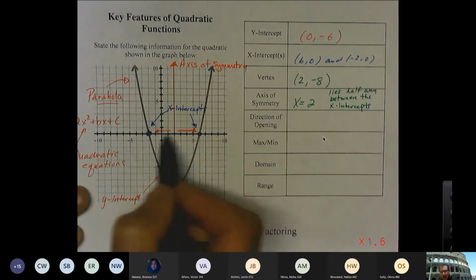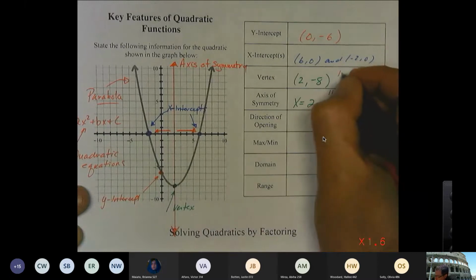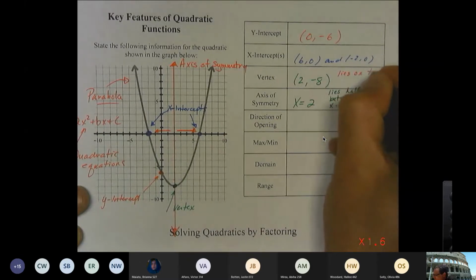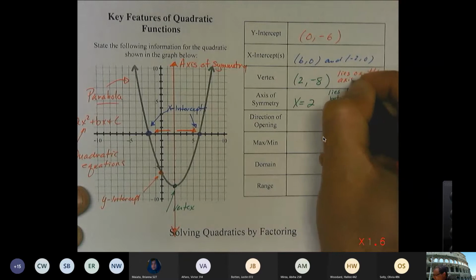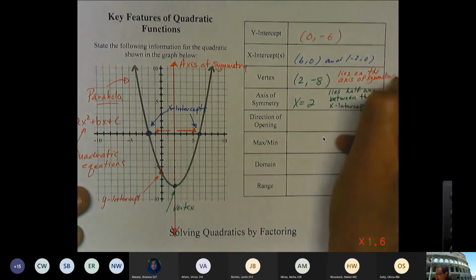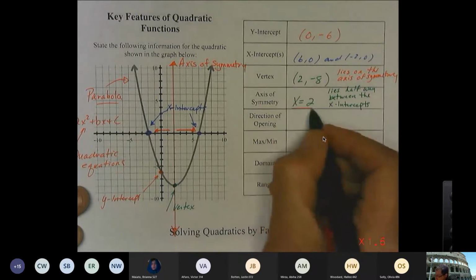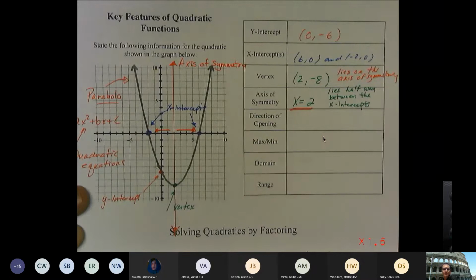Okay, so it's exactly halfway between there. And notice the vertex lies on the axis of symmetry, such that this value of x is always the axis of symmetry.